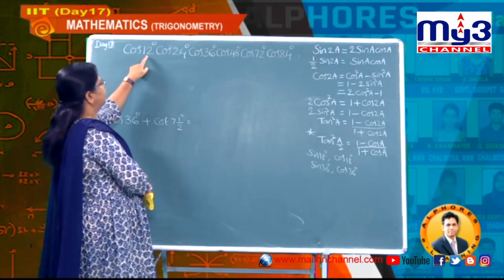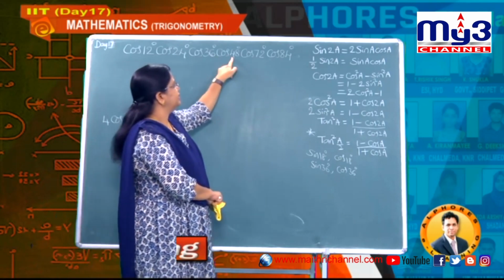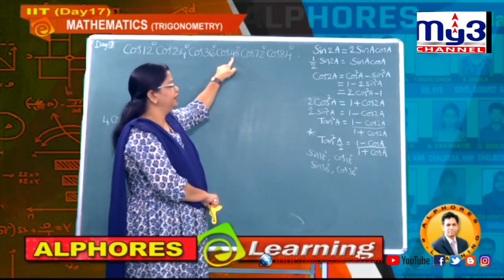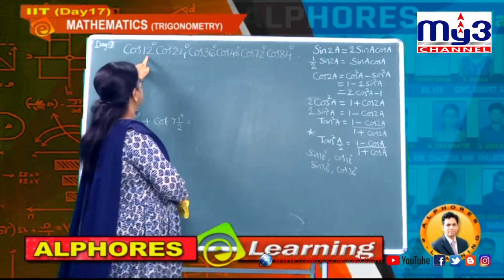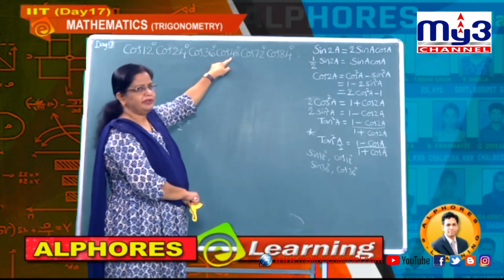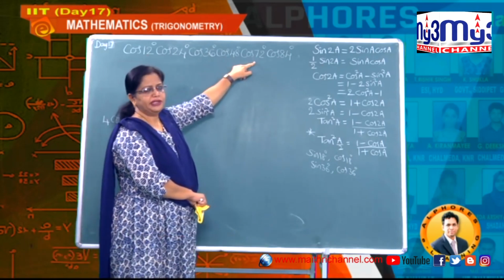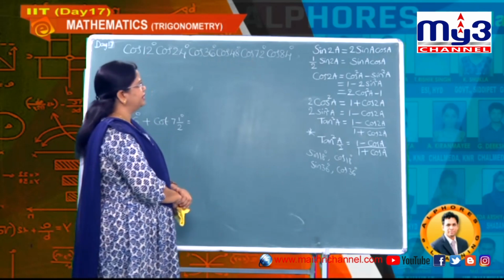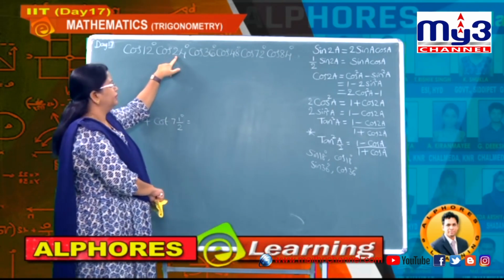Now here, if I take 12 degrees, and this value I write as 60 minus 12, and what about this value? 60 plus 12, okay. So this is 12 degrees, and now this value is 60 minus 12 degrees, and next this value is 60 plus 12 degrees, okay students. And next one is 24, okay.